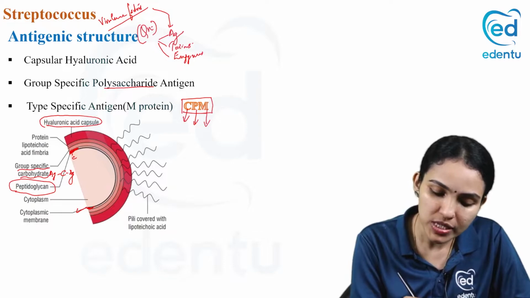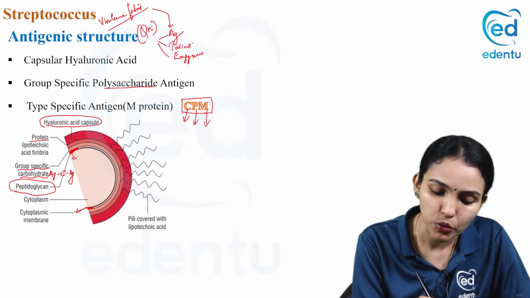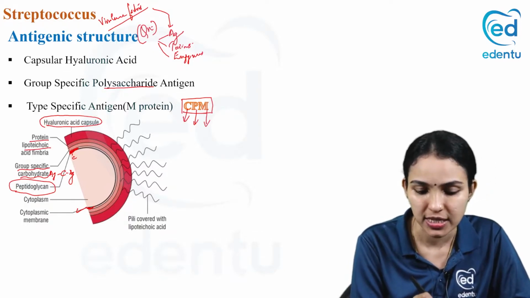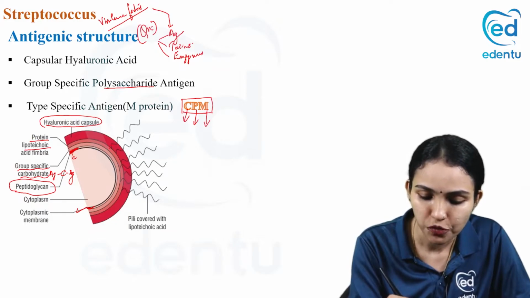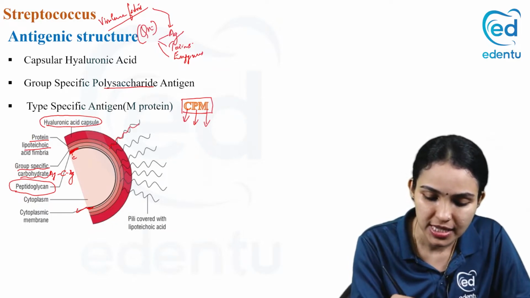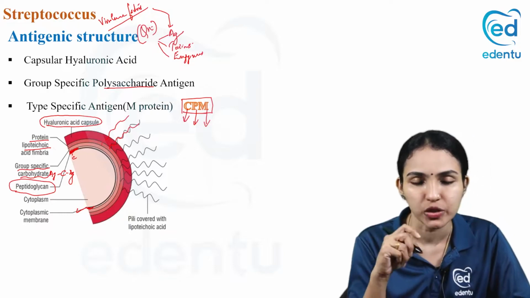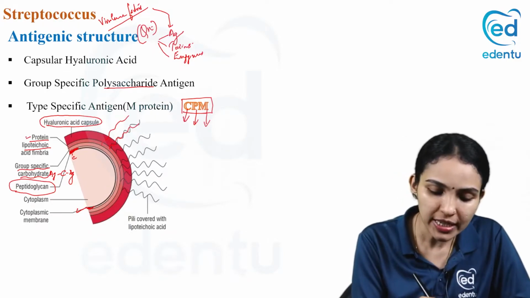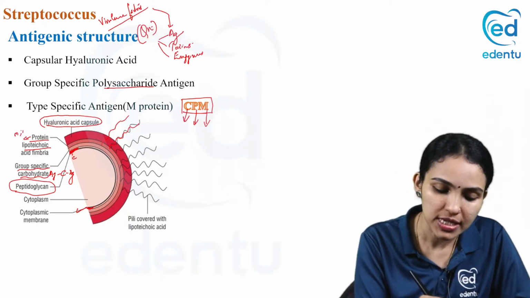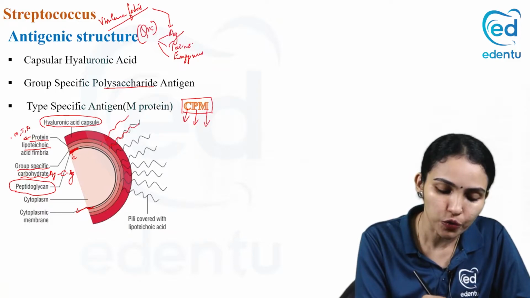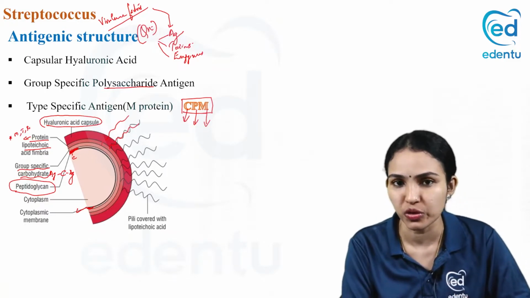And when you see the next layer, it is composed of protein and lipoteichoic acid. It is from this protein and lipoteichoic acid layer that the fimbriae of this bacteria arise. This protein layer is composed of different proteins like M, T and R, of which M is the most important one.